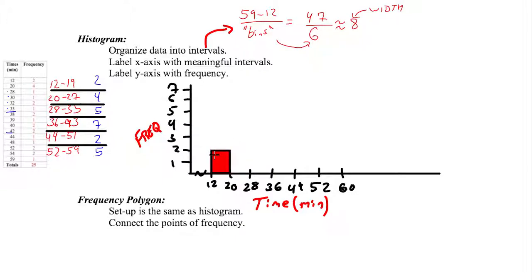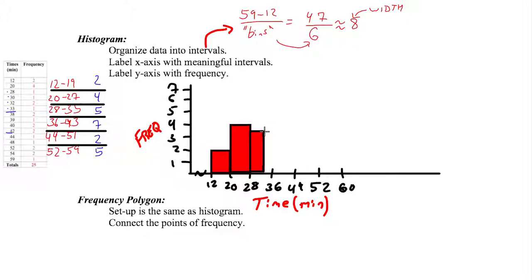This shows that the frequency in this interval is 2. So anything from 12 up to 20, but not including 20, has a frequency of 2. Next, starting at 20 and going up to 28, but not including 28, I have a frequency of 4.